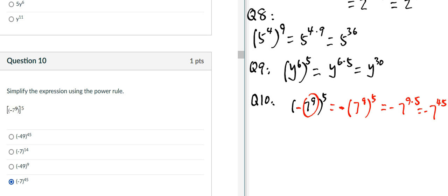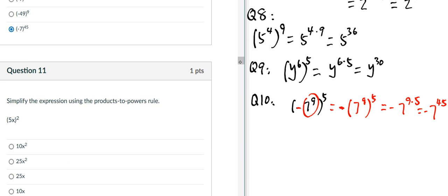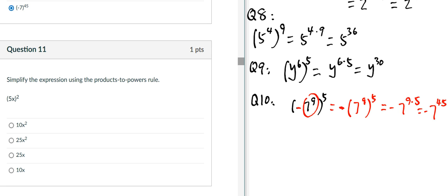So with or without parentheses, you will have the same answer if here is an odd number. Now, for 11, we'll deal with two different numbers. One is 5 times x. So we'll do this next time.